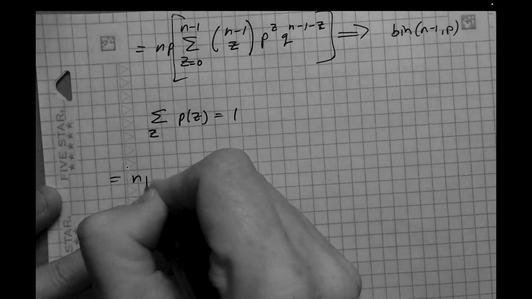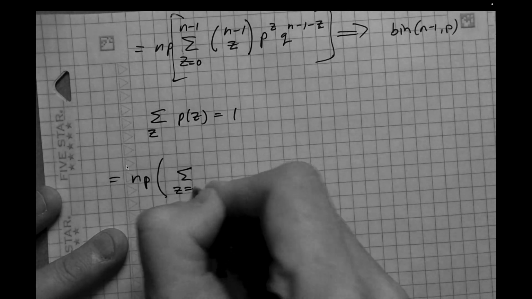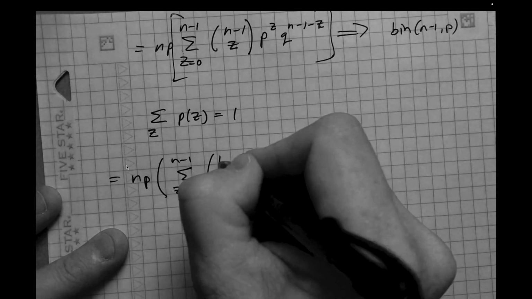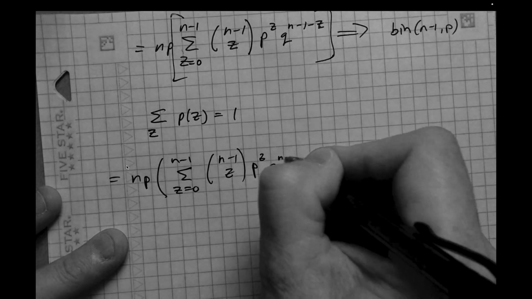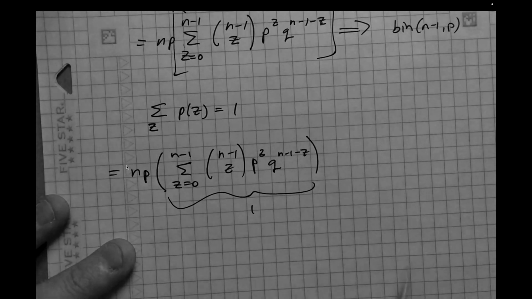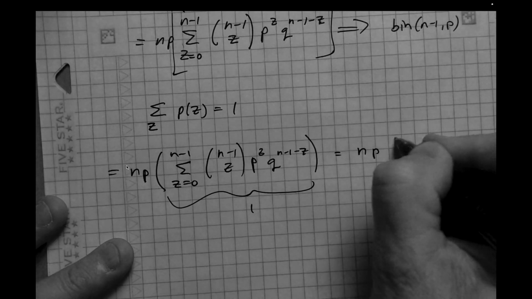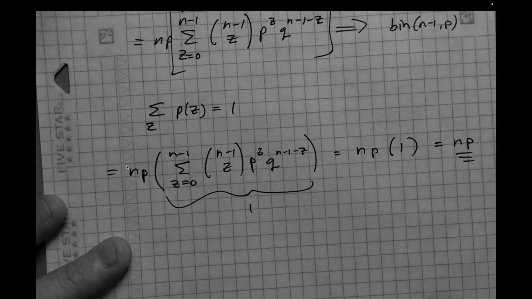So I've got n times p, and then the sum from z equals 0 up to n minus 1 of n minus 1 choose z, p to the z, q to the n minus 1 minus z. This whole thing is equal to 1. So this is equal to n times p times 1, which is np.